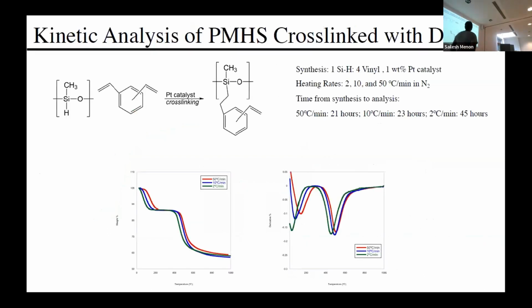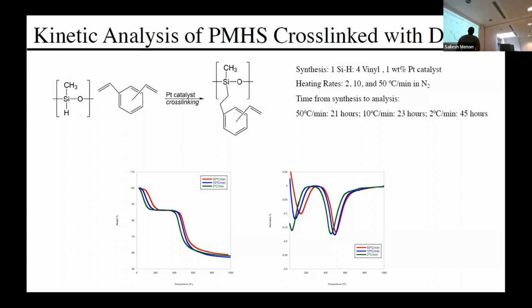The system I'm using: I cross-linked this PMHS with this DVB at a ratio of 1 SiH to 4 vinyl molar ratio with a 1% total of catalyst, and I'm using heating rates of 2, 10, and 50 degrees Celsius per minute.